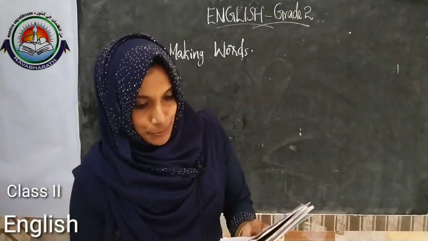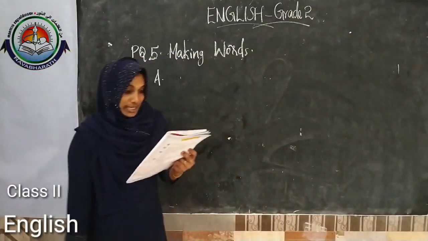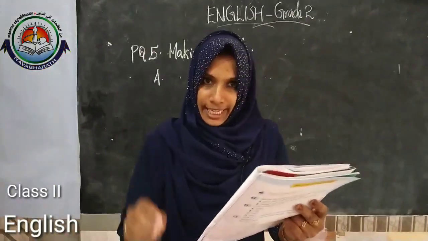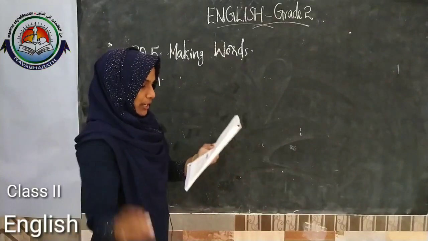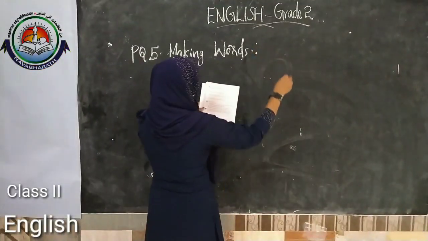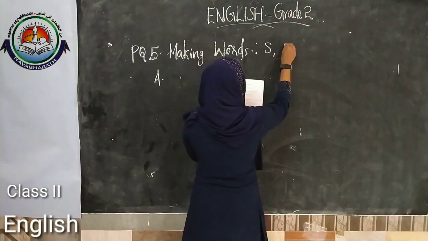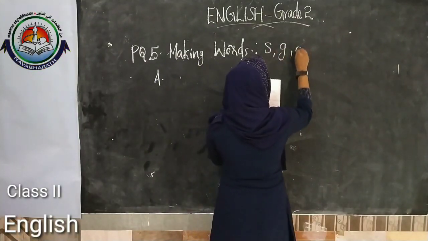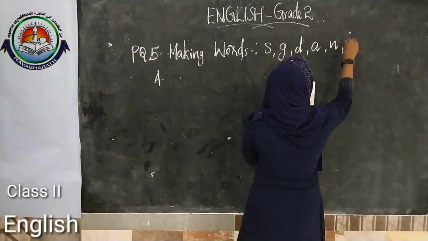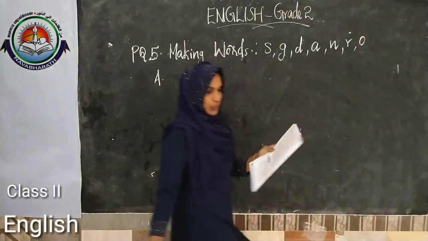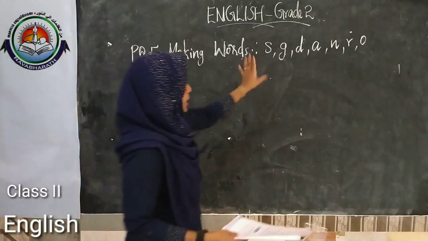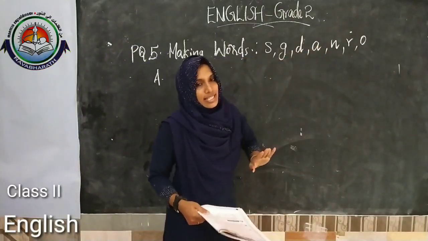Use your letter cards to make as many words as you can with the letters S, G, D, A, N, R, O. So here the letters are S, G, D, A, N, R, O. You have to make as many words as you can by using these letters.